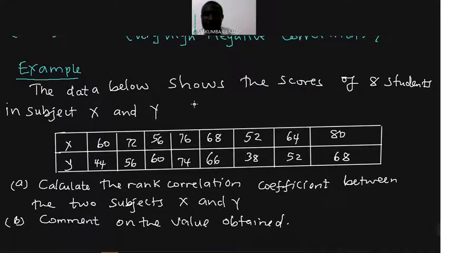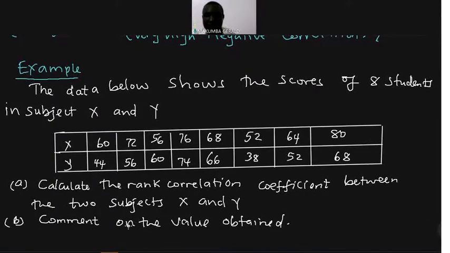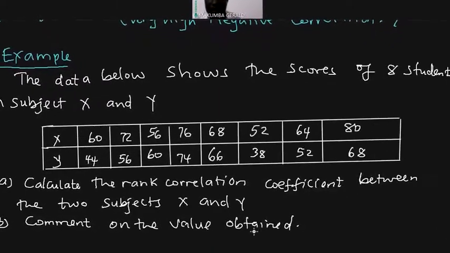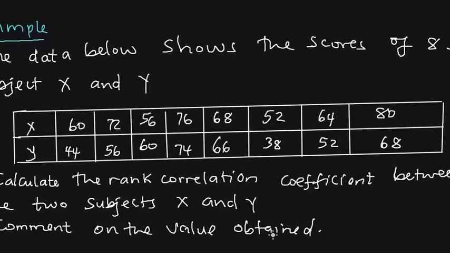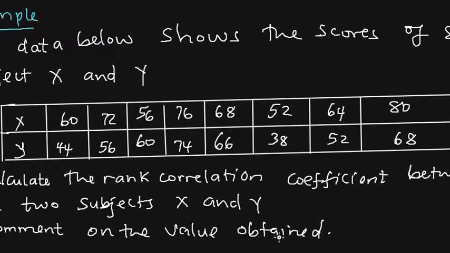The data below shows the scores of 8 students in subjects X and Y. So this is our table here. They're asking us to calculate the rank correlation coefficient between the two subjects X and Y. Then after, we shall have to make a comment basing on the value which we have got.